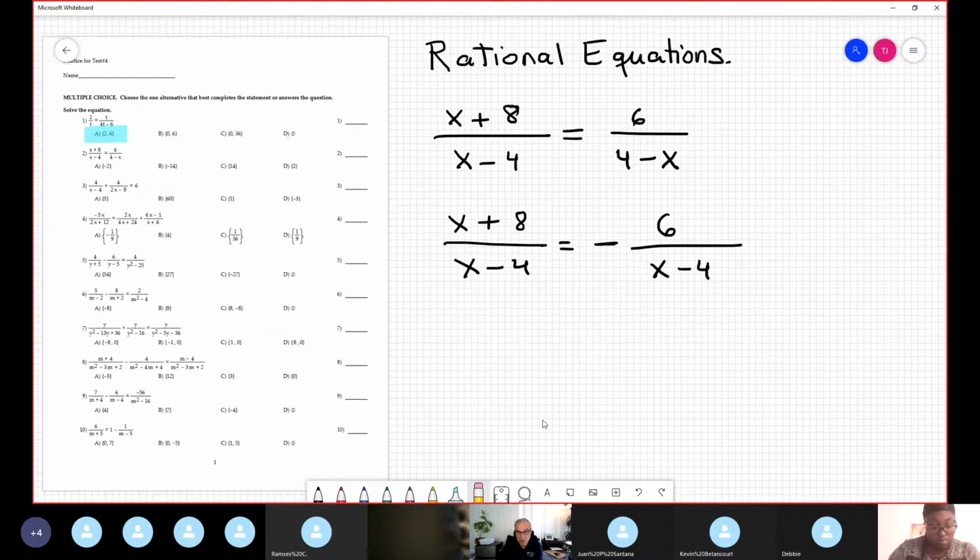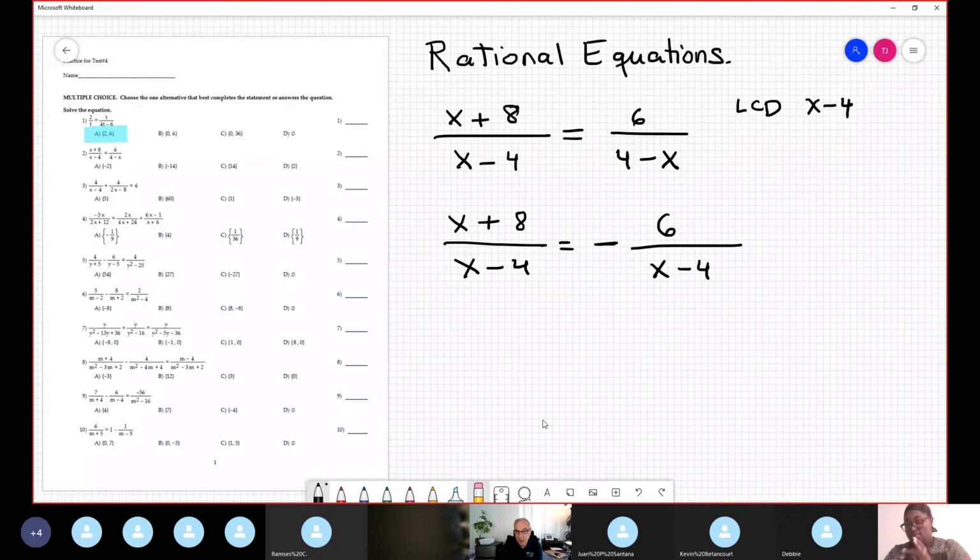So now I want that to be equivalent. It's one possibility. I don't need any factorization, it's the same. And the LCD obviously is x - 4, because it's the only factor that we have in the denominator.